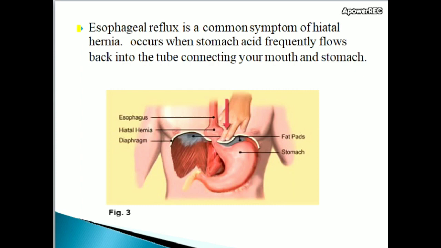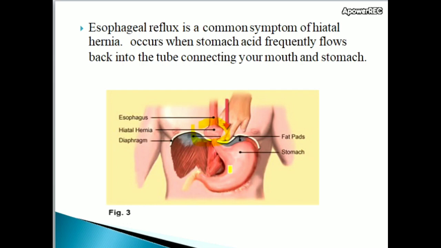It occurs when stomach acid frequently flows back into the tube connecting your mouth and stomach. So you will be irritated. This is the esophagus. The hiatal hernia is here. You can see the portion here.